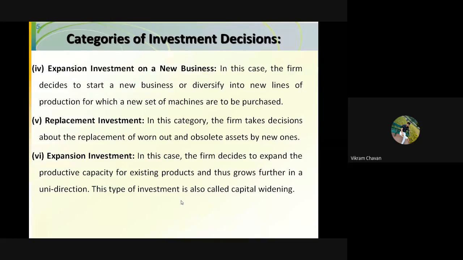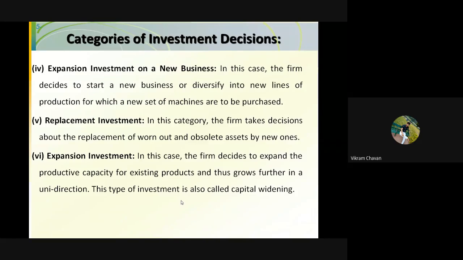Okay, getting everyone? So please note down these particular points: expansion investment on new business, replacement investment, and expansion investment. So expansion investment on new business, that is nothing but what? The company wants to start or diversify into a new business. And the expansion investment is nothing but what?